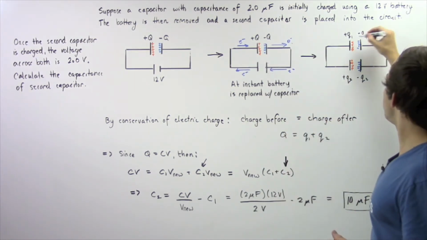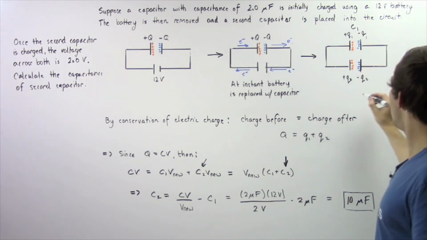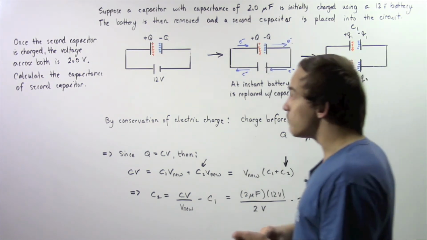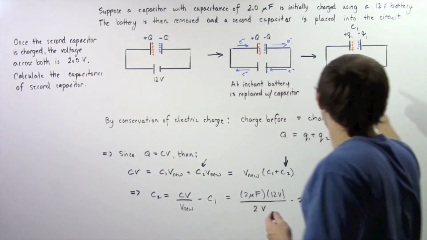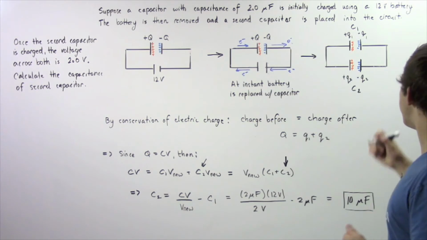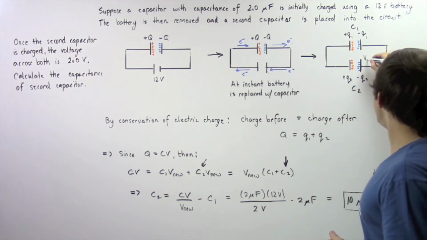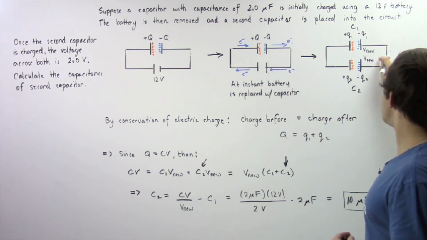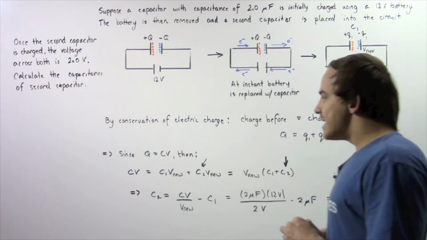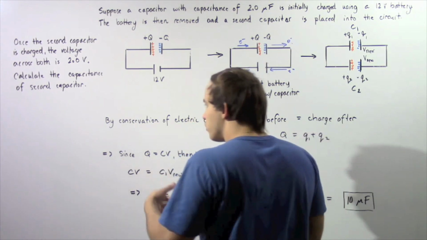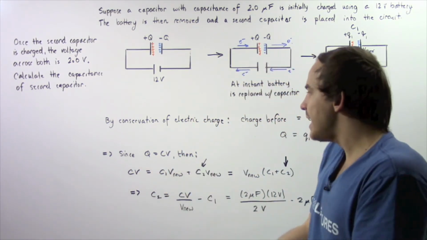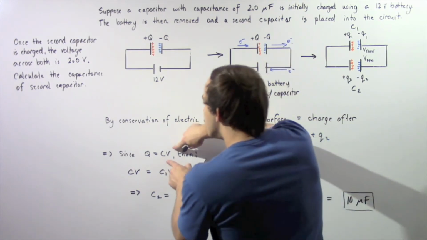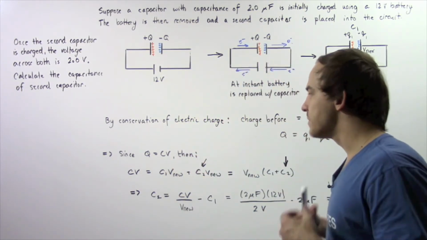So let's suppose the capacitance here is given by C1, the capacitance here is given by C2. Now, the voltage here is 2 volts, and let's call the voltage here V nu, and the voltage here is also V nu. We're going to use this in just a moment. Now recall that Q, the quantity of charge on the plate, is equal to the product of the capacitance of that plate and the voltage across that plate.